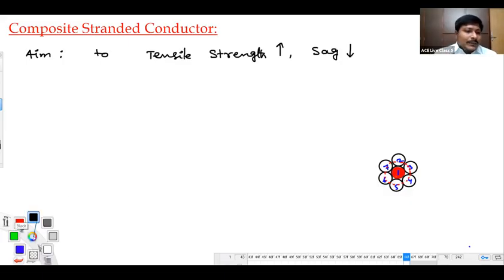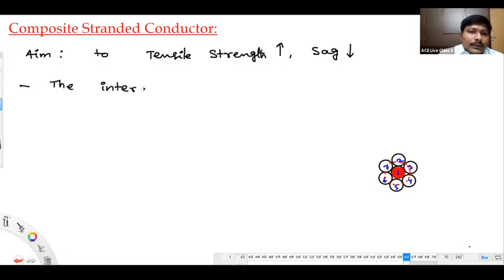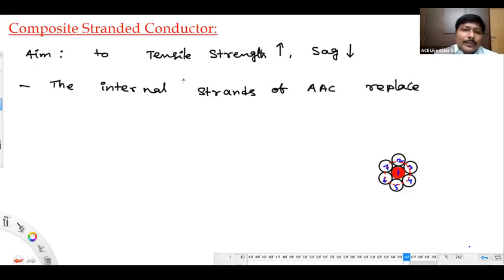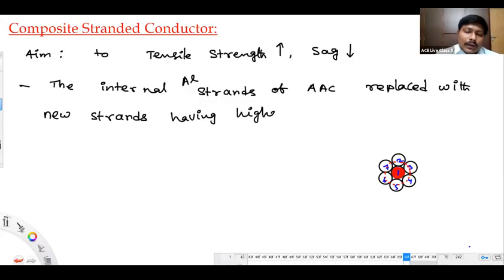Okay, so let me write that statement. The internal aluminum strands of AAC replaced with new strands having higher mechanical strength, such that the overall strength of the conductor is going to be increased.